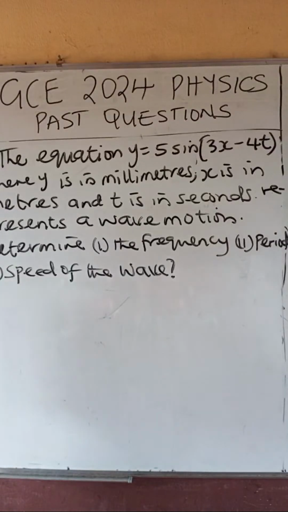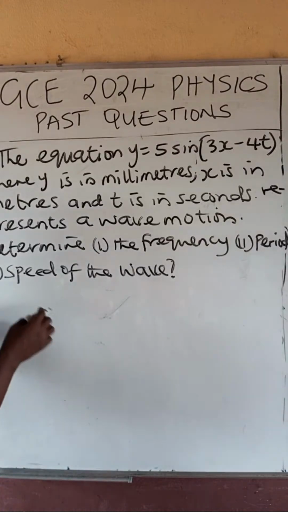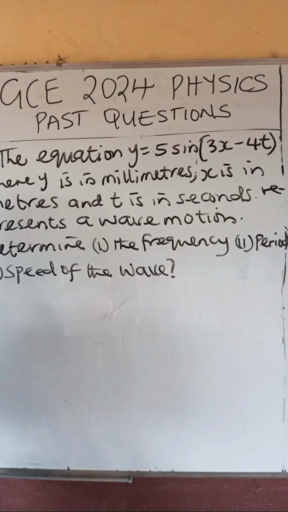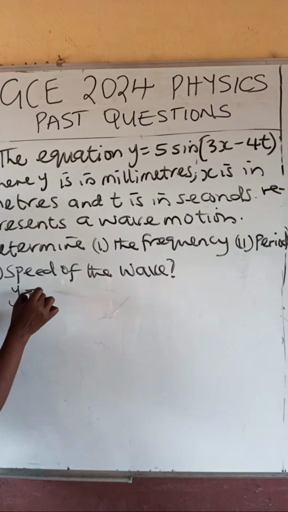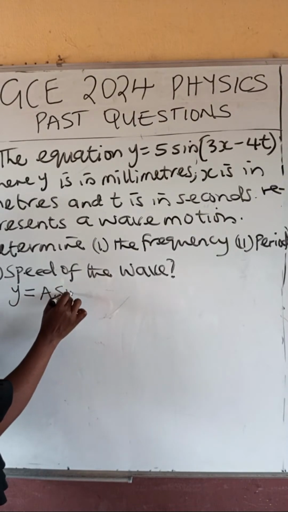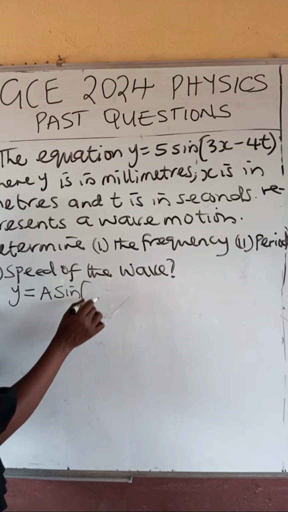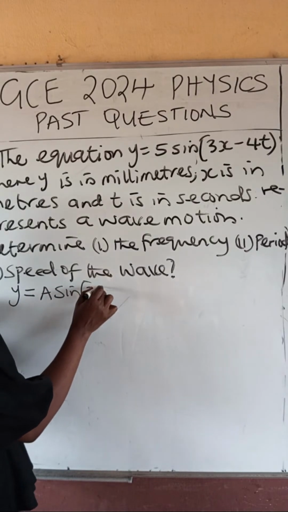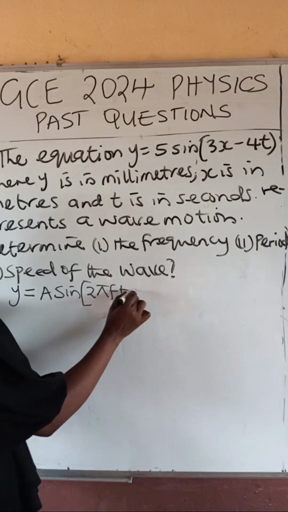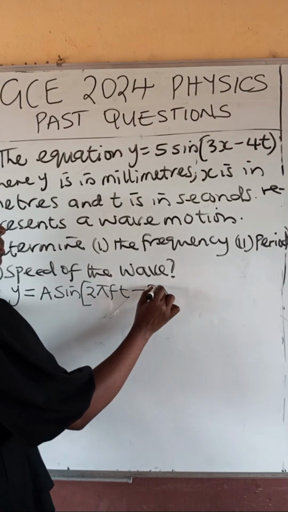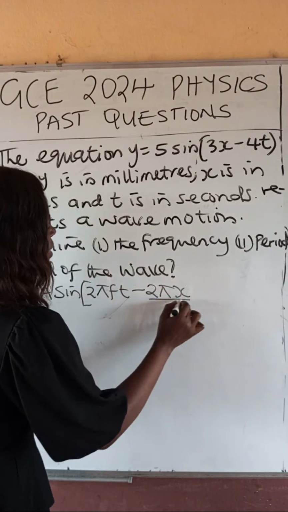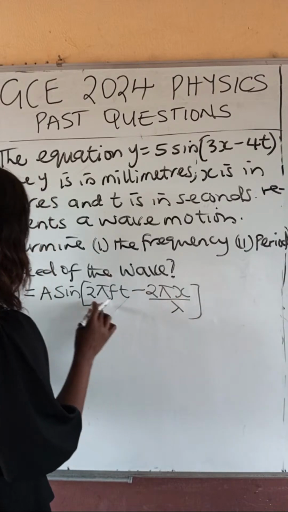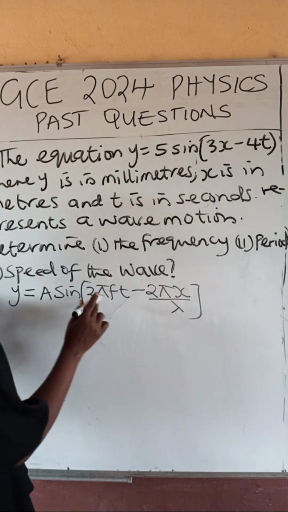Now we are using this progressive wave equation to find the frequency, the period, and the speed. The first thing we are going to do is to remember the equation of a progressive wave. It says that y = A sin(2πft - 2πx/λ).